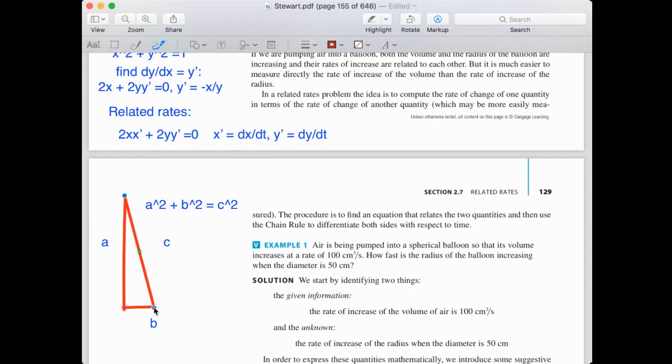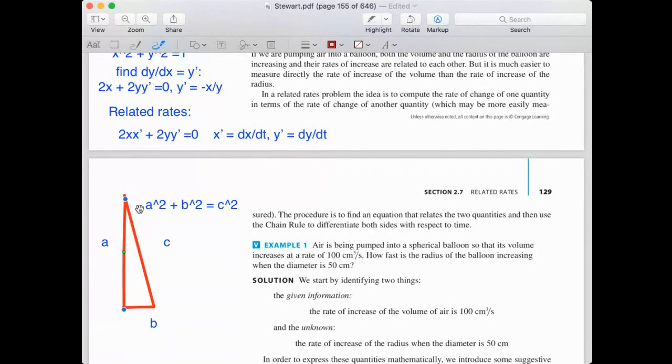Just imagine we have a piece of string; the perimeter, the length, is fixed. We use this piece of string to make a right triangle, and then we can reshape these three sides. The perimeter does not change, but all three sides can change accordingly.